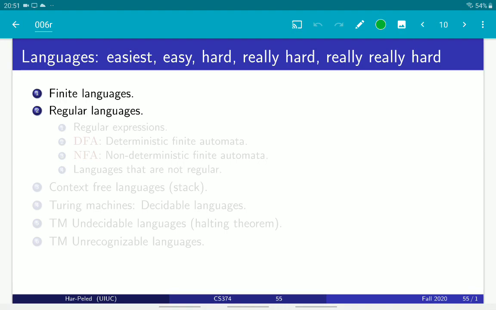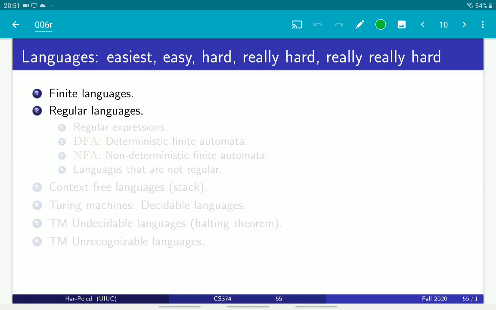And we already saw finite languages, and we already saw that they're easy. So the rest of the semester, a large fraction of it, we will spend on various classes of languages and essentially a hierarchy of where the languages are. And just above finite languages, there are regular languages.